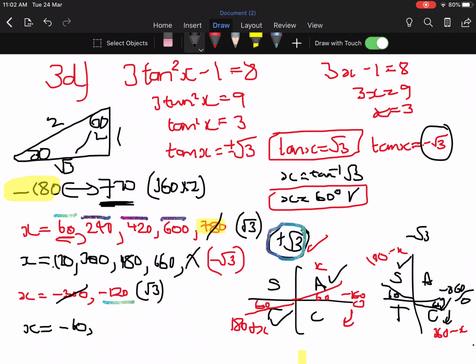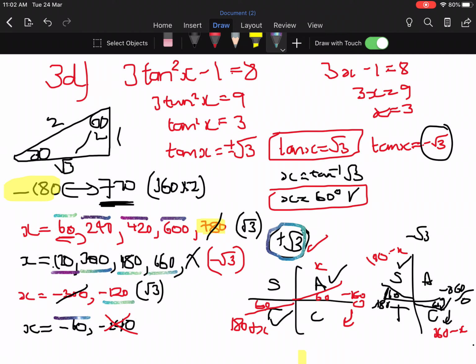And if this is negative 180 and I go in this direction, it's going to get even more negative. So it's going to become negative 240. Now, the range is to negative 180. So do I need this one? No, I don't need that one. I only need this. I need this, this, this, and this.